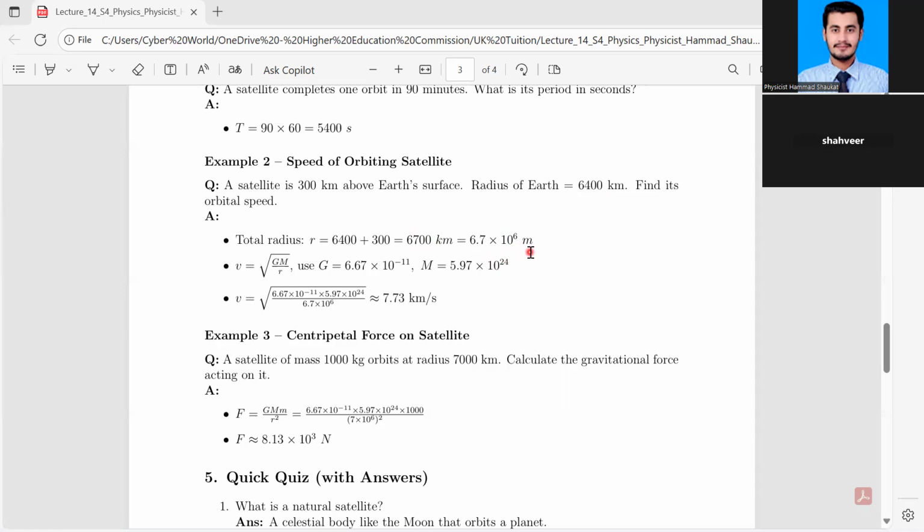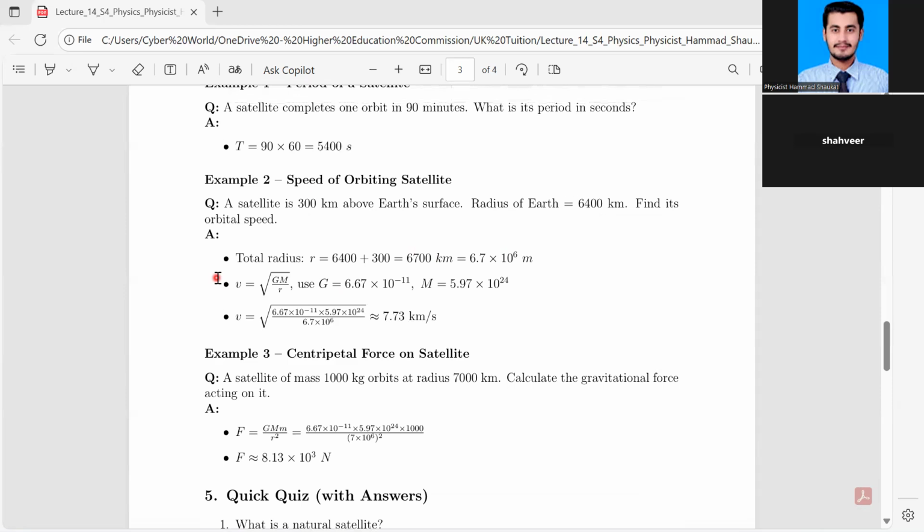Okay, so here R is given. We know what is the formula. Can you tell me what is the formula for orbital speed? V equals G, gravity, mass over, like planet mass and satellite mass.